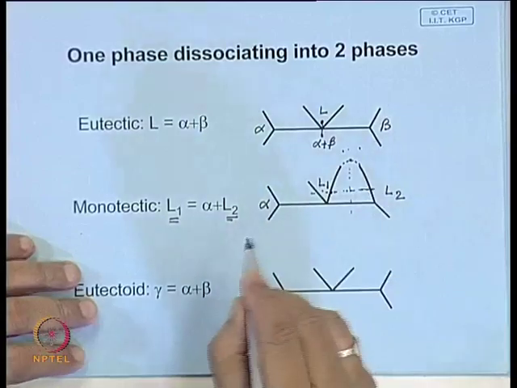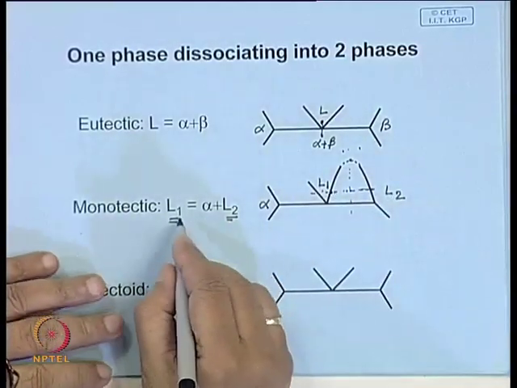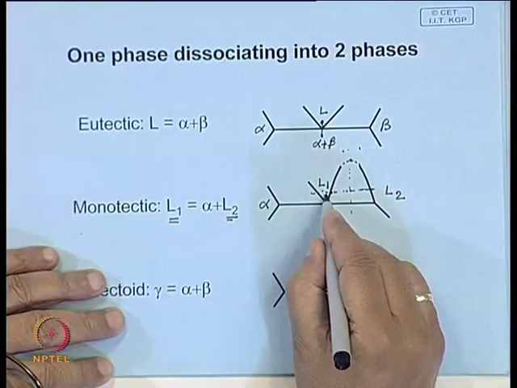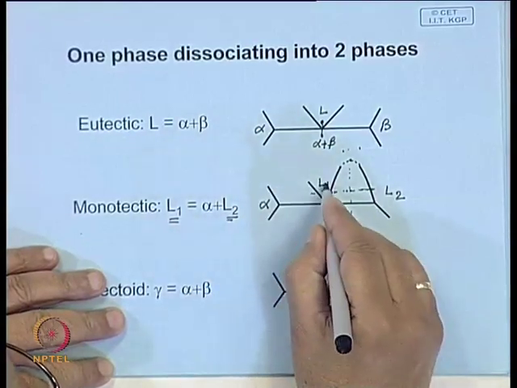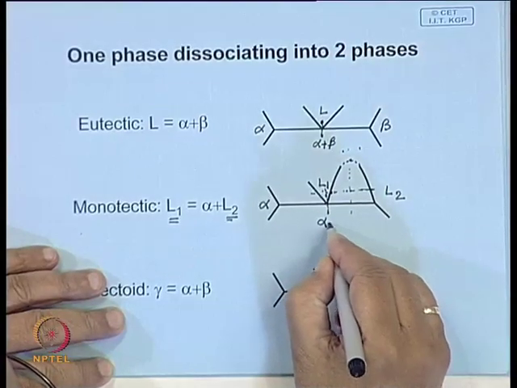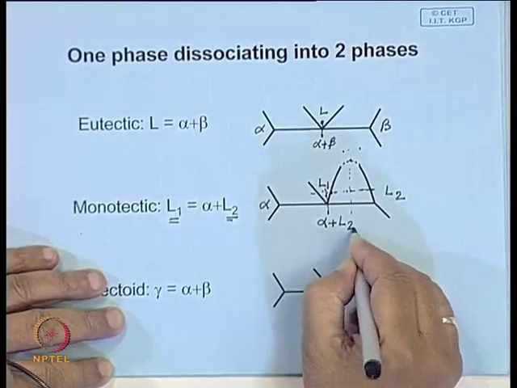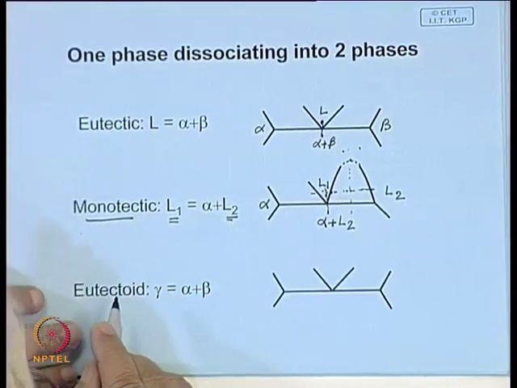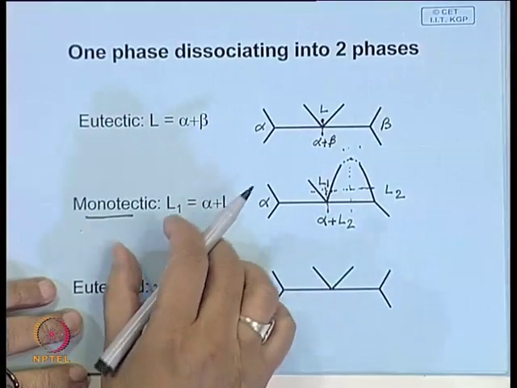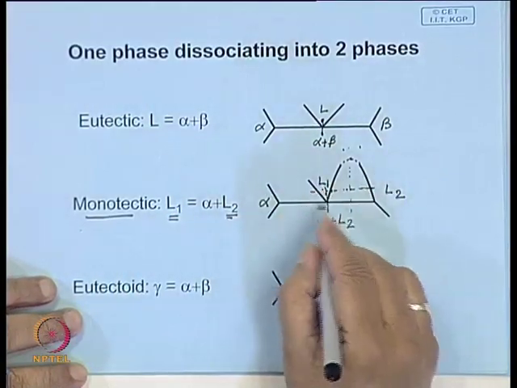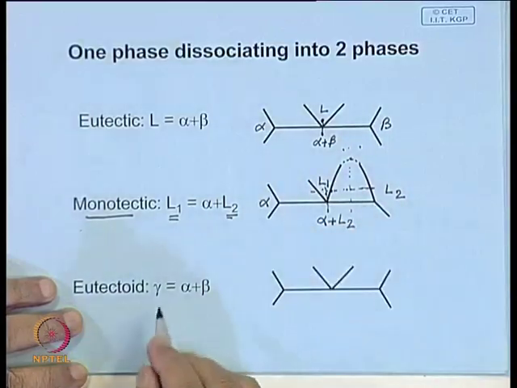So, in this particular case, this liquid is dissociating as you cool into alpha and another liquid, and this type of reaction is called monotectic reaction, and this is also an invariant, because you have three phases coexisting in a binary system.